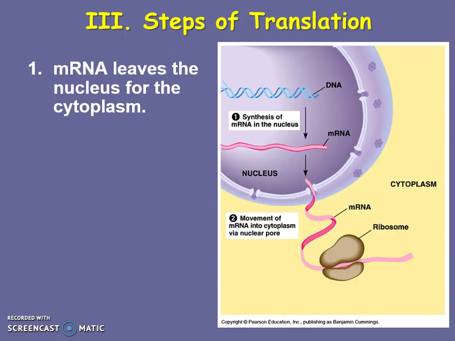Well, we left off last time when DNA made a copy of mRNA, that's this flat type of RNA, but unlike DNA, mRNA can leave the nucleus. All right, so transcription is in the nucleus. Now mRNA is leaving the nucleus and entering that gel-like substance called the cytoplasm.